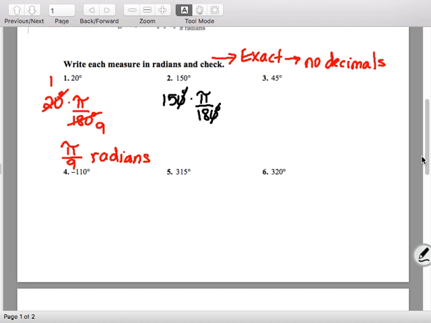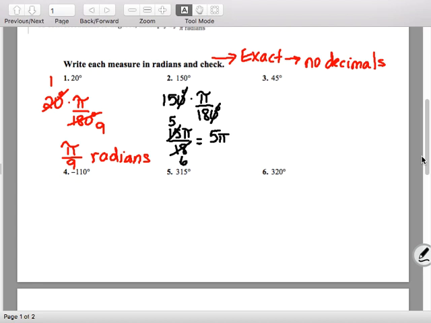I'm dividing by 10. Now, if I have 15 pi over 18, you do want to ask yourself, can I continue to reduce? What common factor is in 15 and 18? It's 3. So 3 goes into 15 5 times, 3 goes into 18 6 times.